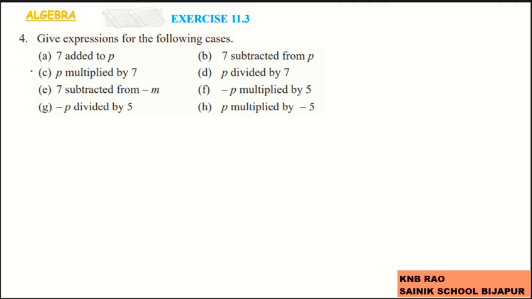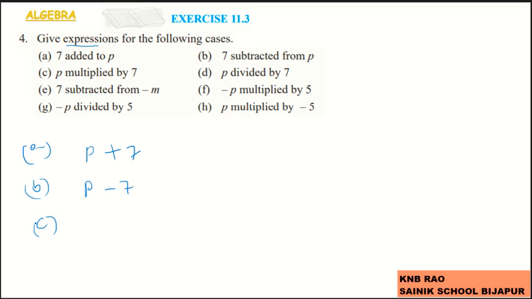See children, we need to convert each into an expression. First one, 7 added to p, that means p plus 7. Second one, 7 subtracted from p, that means p minus 7.